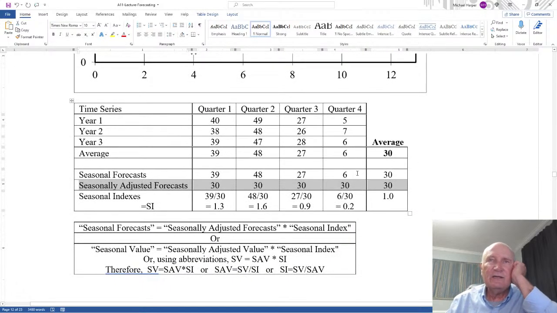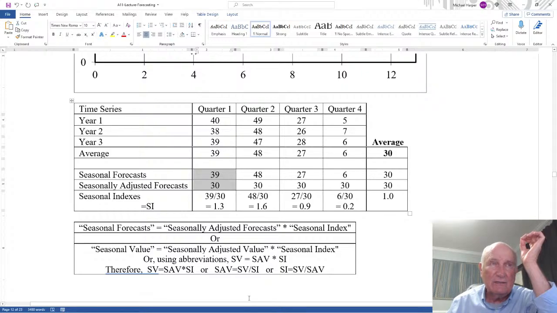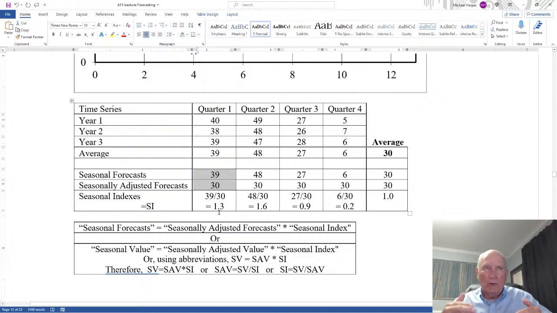So now I can compare these two. I say, well, when I have seasonality in this first quarter, it's 39. When I do not have seasonality, it's 30. So what does seasonality do? Well, it increases it in the first quarter. Here, it increases it by 9. Well, that's the interval.